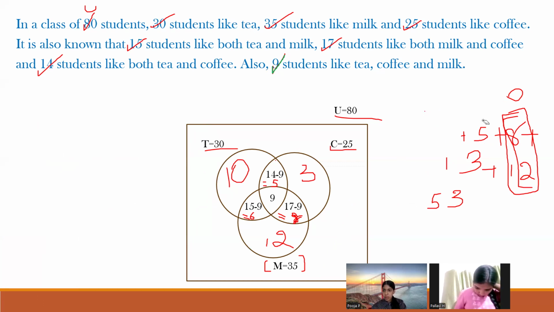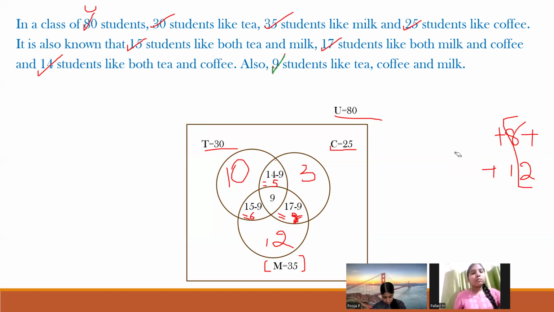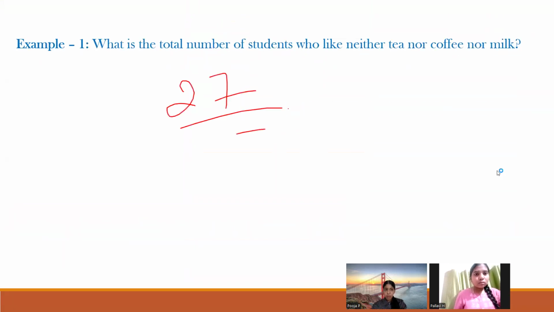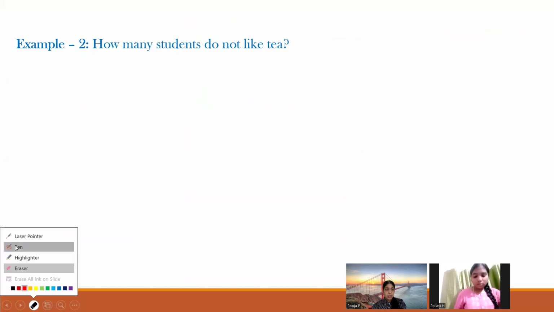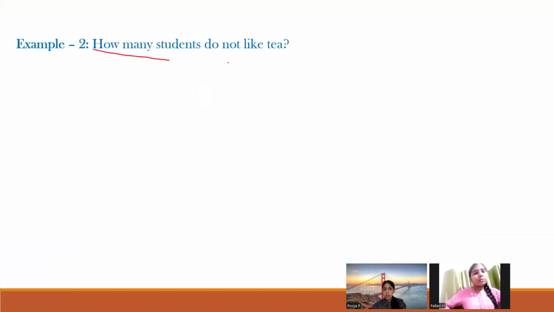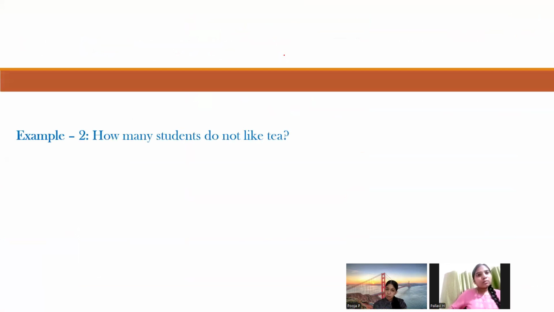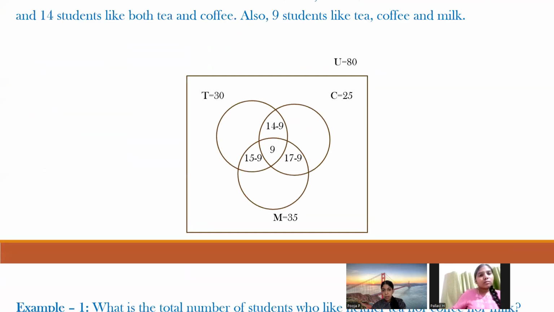So what does the second example say? The second example asks, how many students do not like tea? So you have the number of students who like tea.